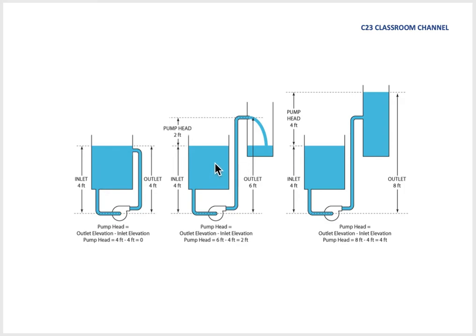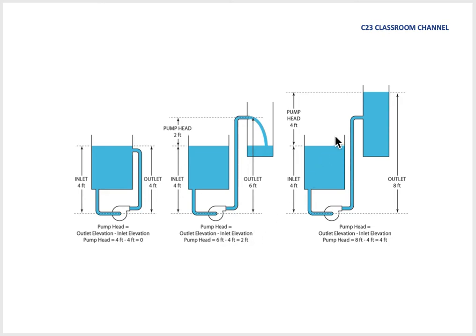This is the intake water level, so it is 4 meters here, and then the pump is capable of moving water until 2 meters from the level here. So we can say that the pump head is 2 meters.